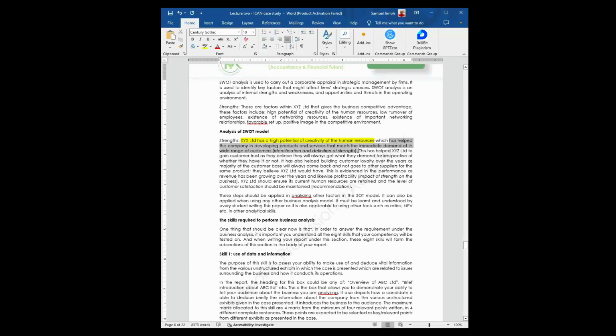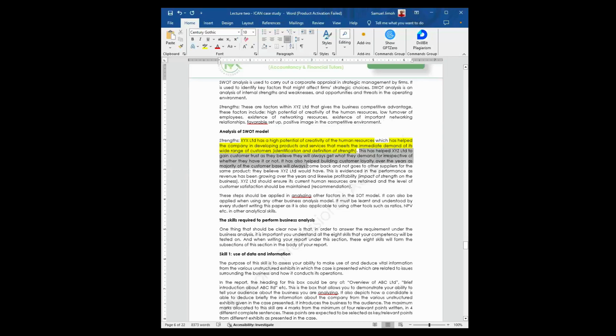You can see that this is identification and definition of the strength. You have identified it, you have defined it. In fact, you are looking at different ways by which this strength will impact on the business. It has helped X and Y Limited to gain customer trust, as they believe they will always get what they demand.